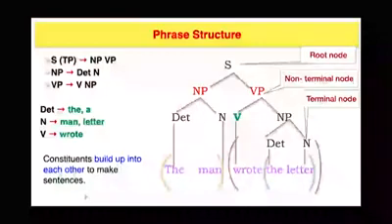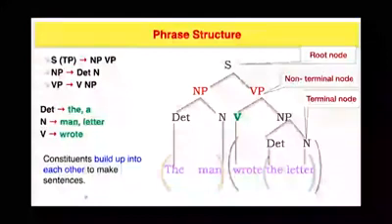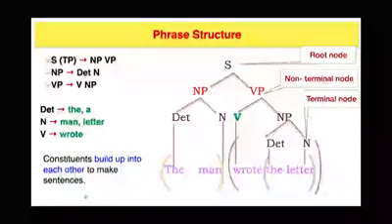Now, by looking at this tree, we notice that syntax is not flat. It is rather hierarchical in its organization. Now, the sentence includes NP and VP. NP includes a determiner and a noun, and VP includes other nodes.